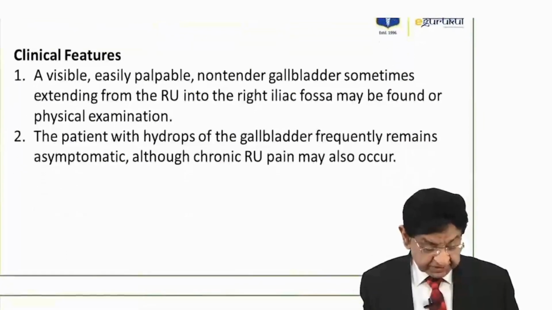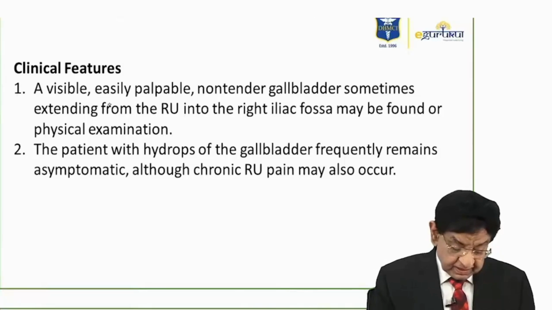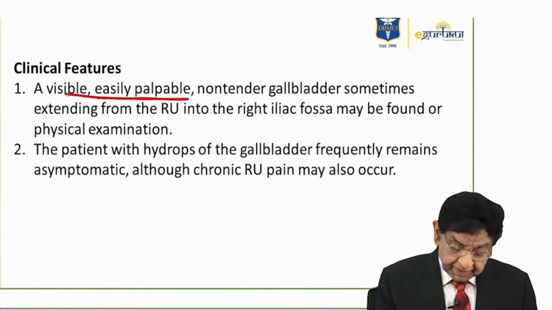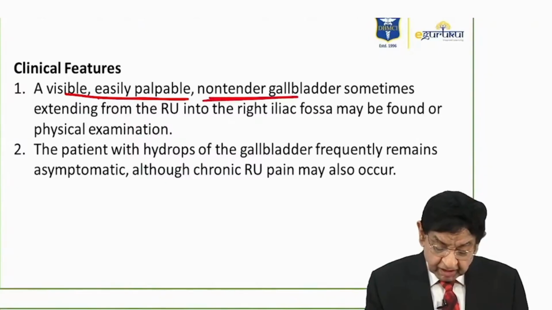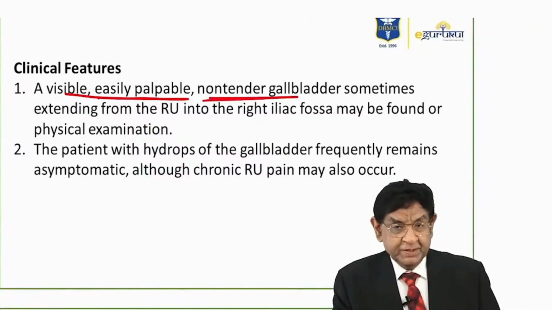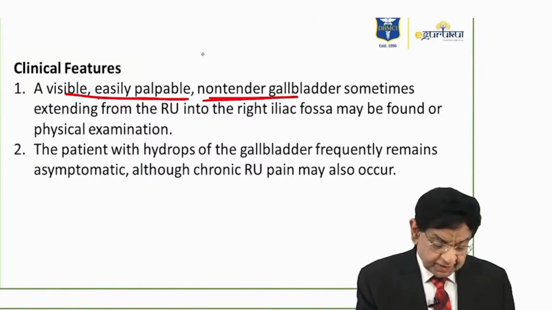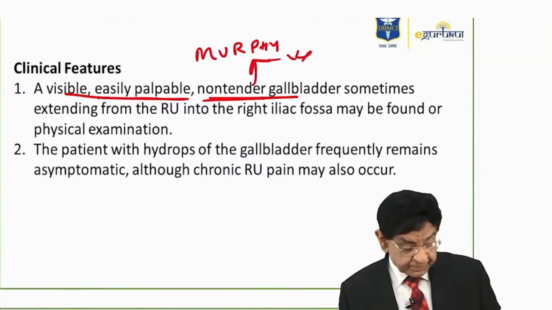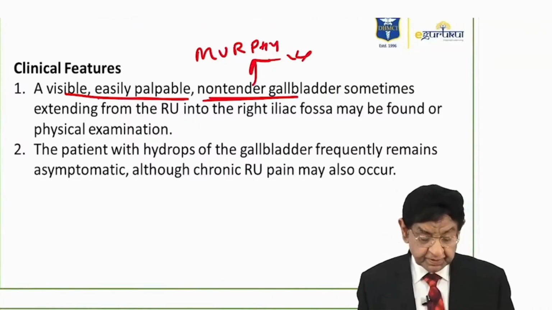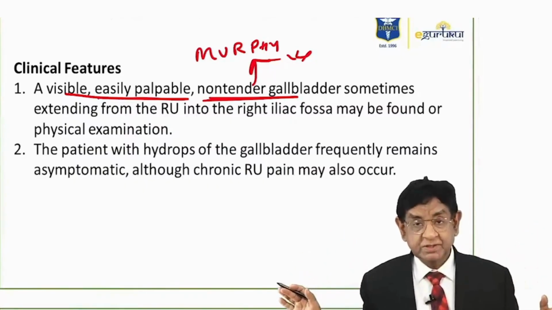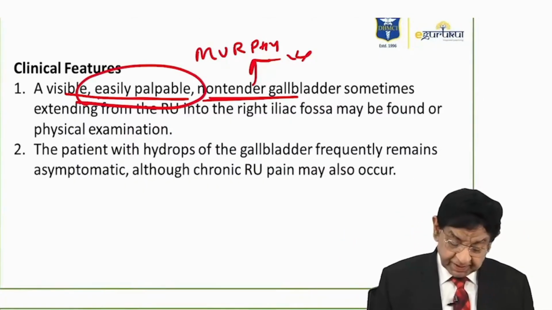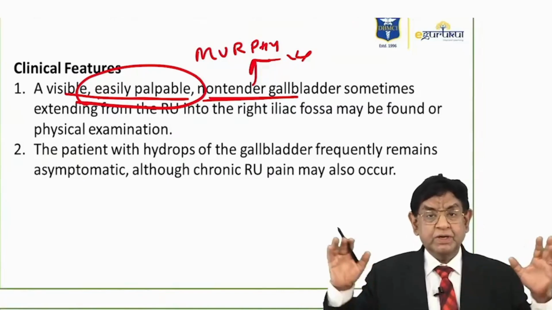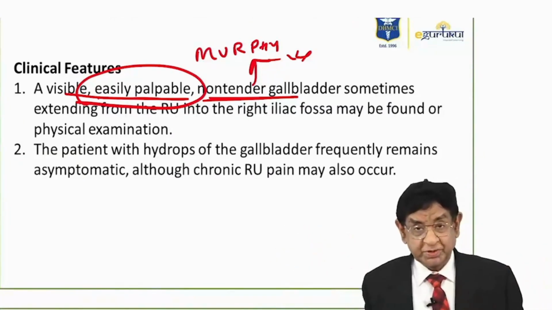What are the clinical features? An easily palpable, non-tender gallbladder. Point to be noted, it's non-tender, which means Murphy's sign will be negative. But it's huge, easily palpable, and it can expand like a balloon.